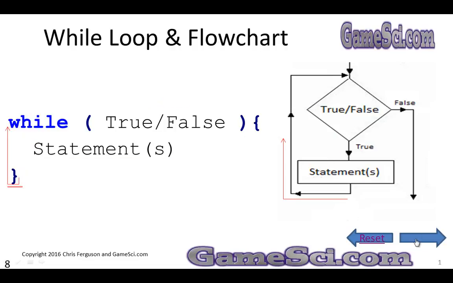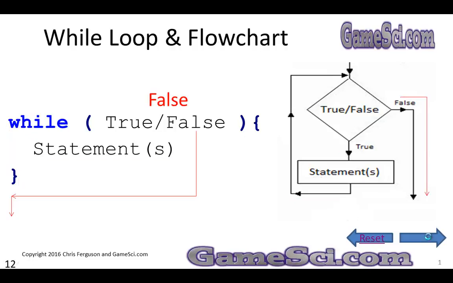Hits the end of the block, hits the end of the curly brace, the closed curly brace. Says go back up to the while statement. Still true. So all we're going to do is spin while this thing is true. We're going to spin in this loop executing this block of statements. Hit the end of the loop, spin back up to the top.